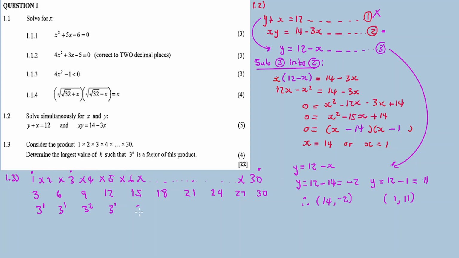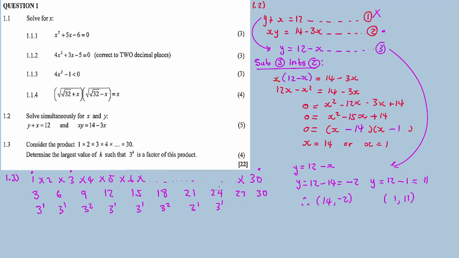15 has one 3. 18 is 9 times 2, and 9 gives us 3 squared. 21 is 3 times 7, so it's 3 to the 1. 24 is 3 times 8, so it's 3 raised to exponent 1.